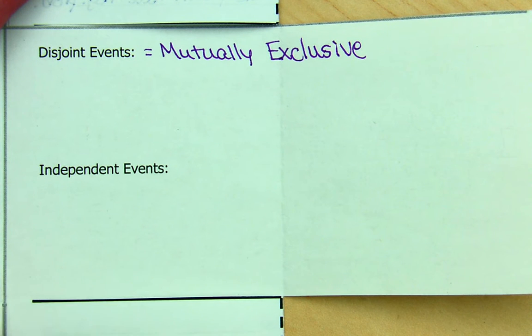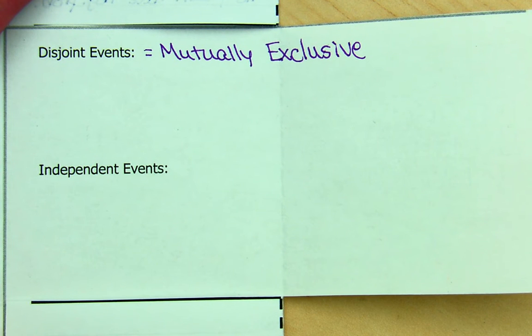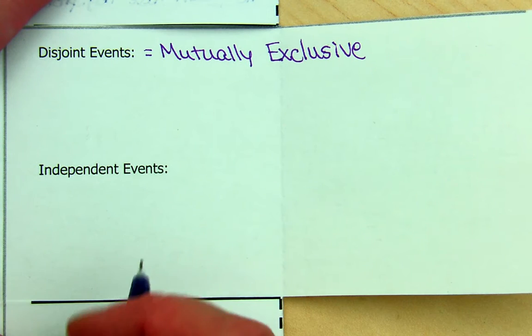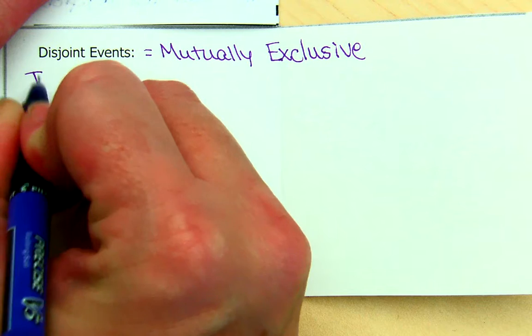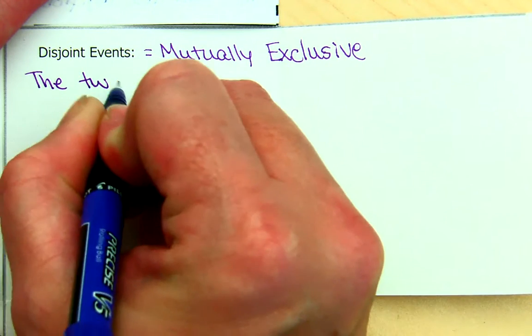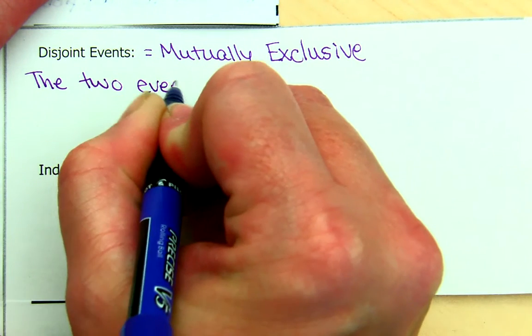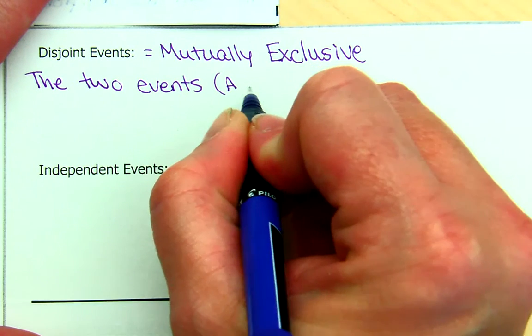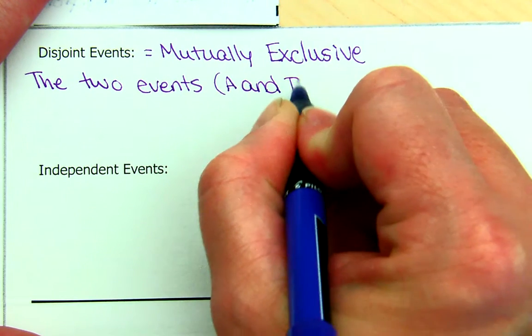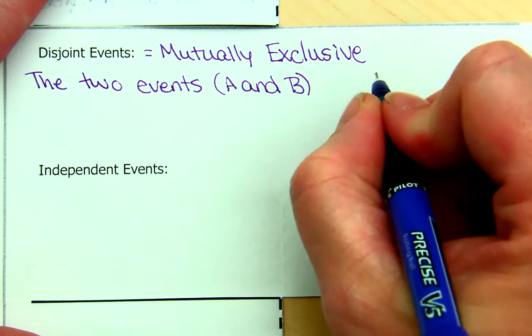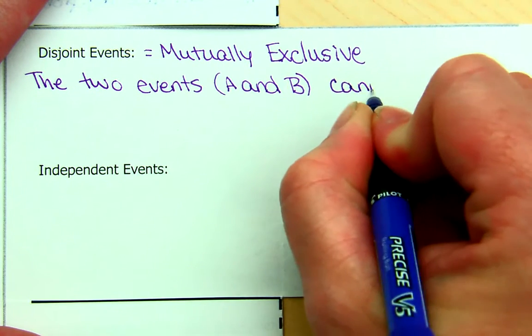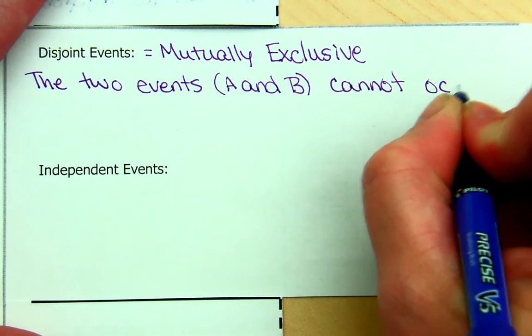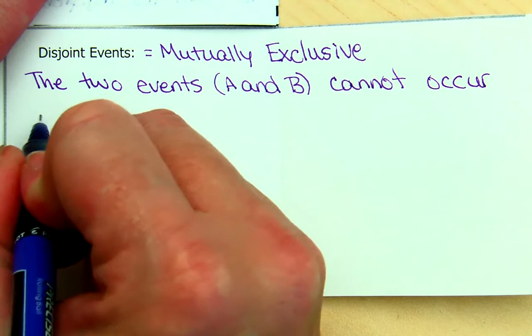So if you're talking about disjoint or you're talking about mutually exclusive, it's the same. Okay? They use these terms interchangeably. This just means the two events, we'll call them A and B, cannot occur at the same time.